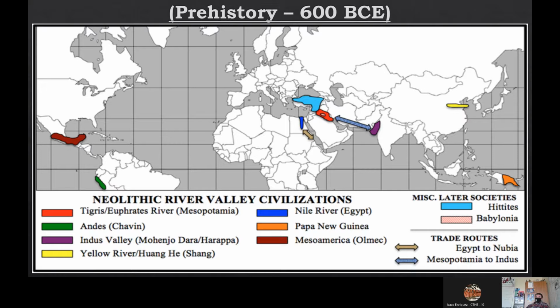You're going to see these trends kind of repeat themselves over and over again. And if you can remember those trends, even if you can't remember every detail about the civilizations, I think you're going to be in pretty good shape. So again, these are our main civilizations from kind of the very beginning of the time, all the way up to 600 BCE. Roughly 2,600 years ago.